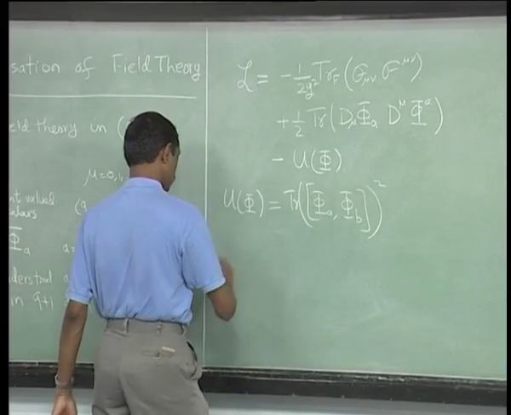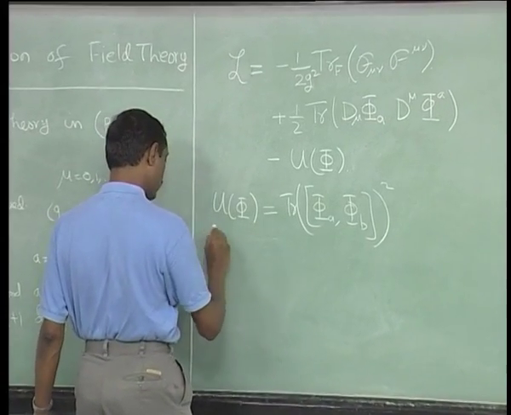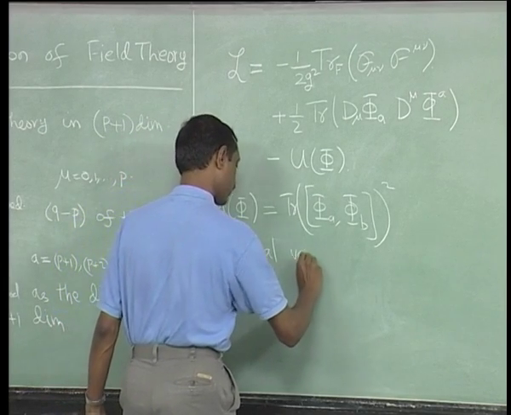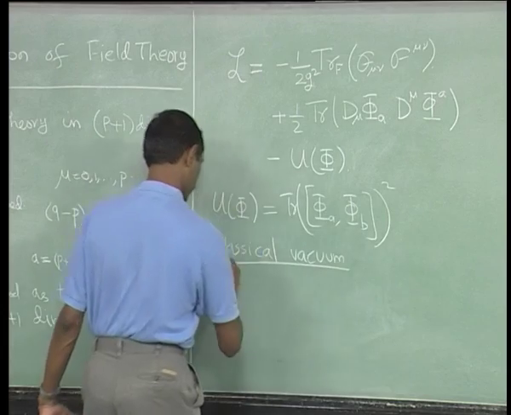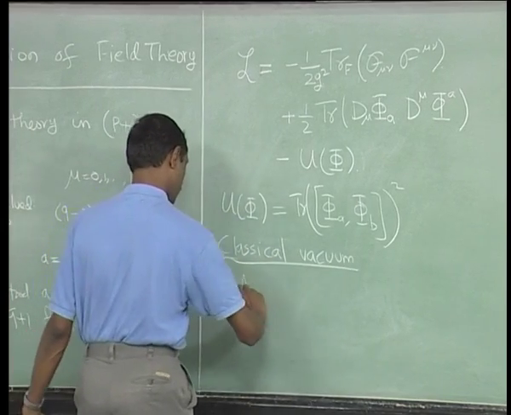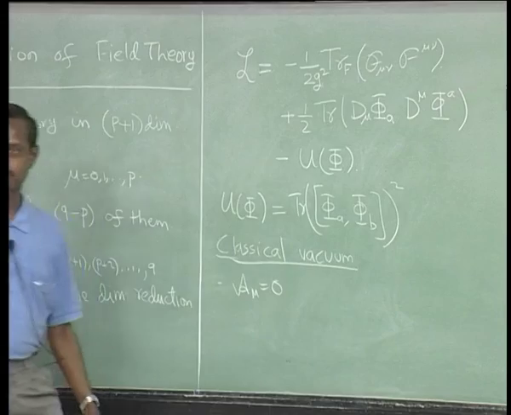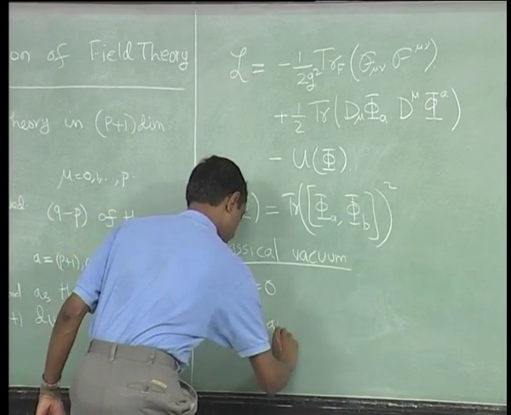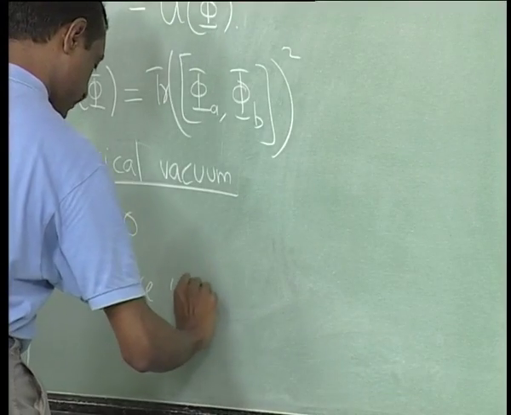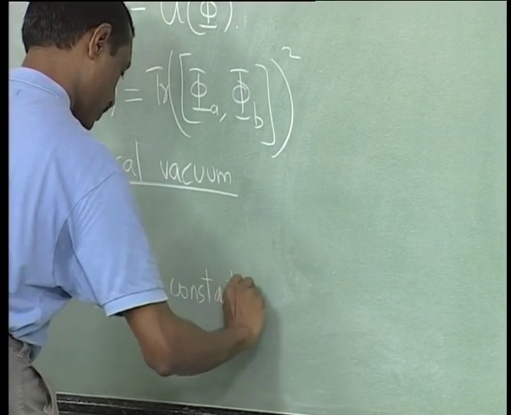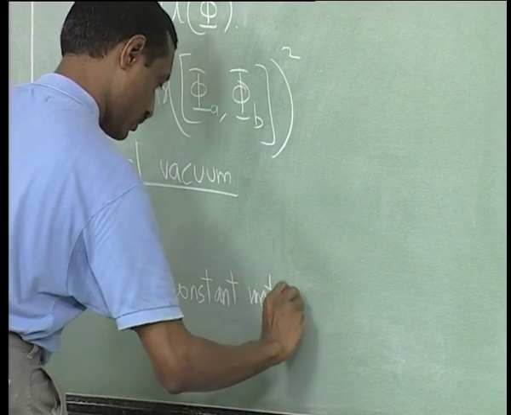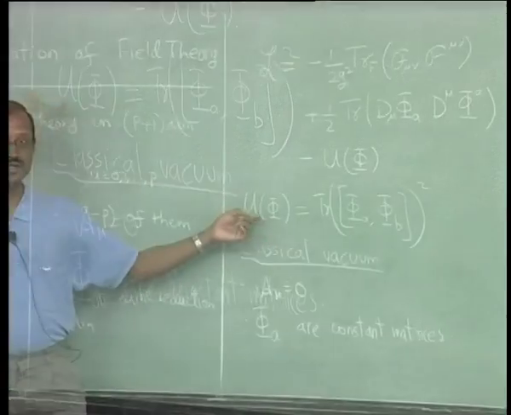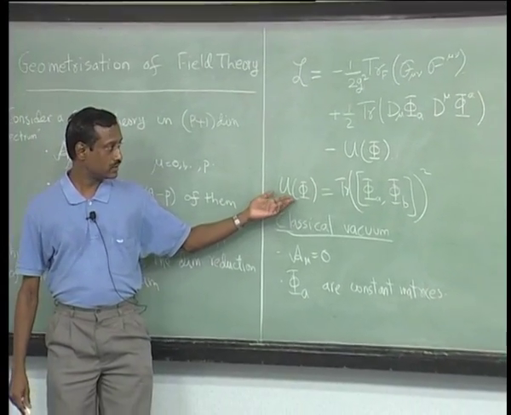So, to analyze the vacuum, we will say A mu is 0 and phi A are constant matrices.